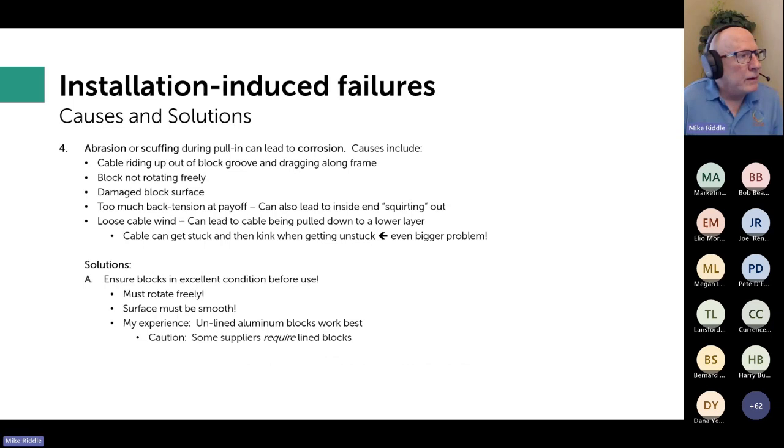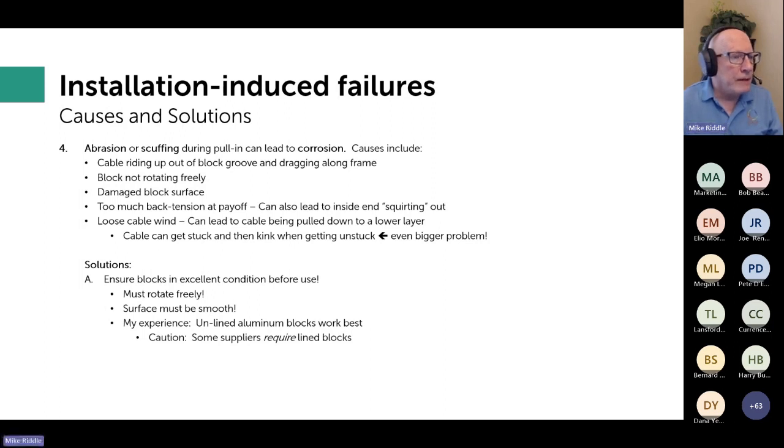So next up is abrasion or scuffing, because that can create a long-term problem. If the cable gets marred during the stringing process and the aluminum coating on the aluminum clad steel gets damaged, then you're making the cable vulnerable to corrosion later. And what causes that to happen? Well, blocks being too small means that it takes more force to get them moving.